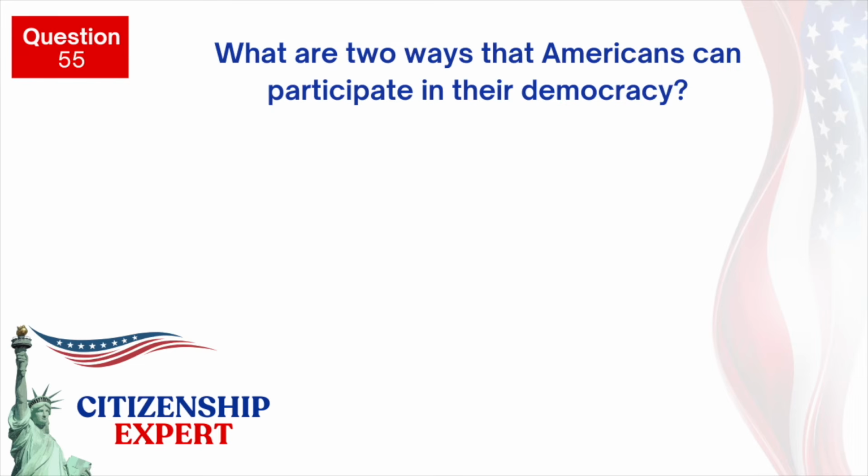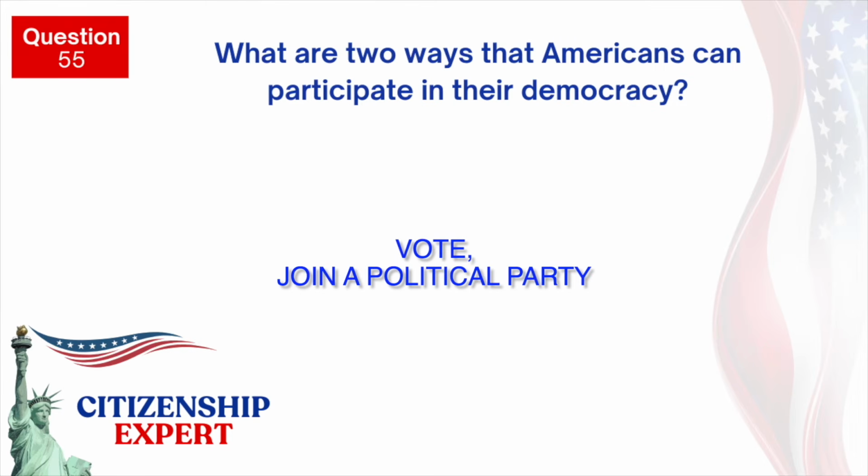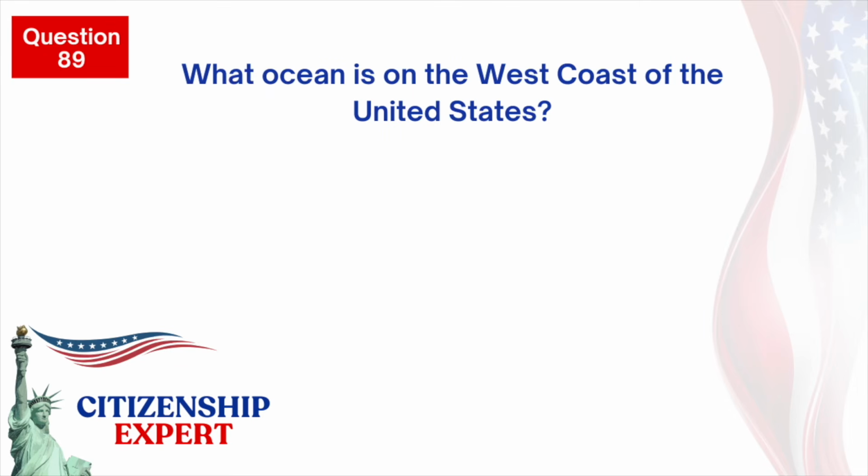What are two ways that Americans can participate in their democracy? Vote. Join a political party. What ocean is on the west coast of the United States?